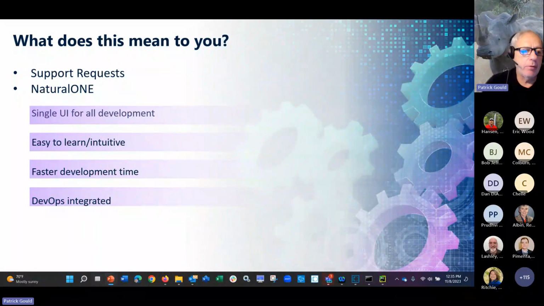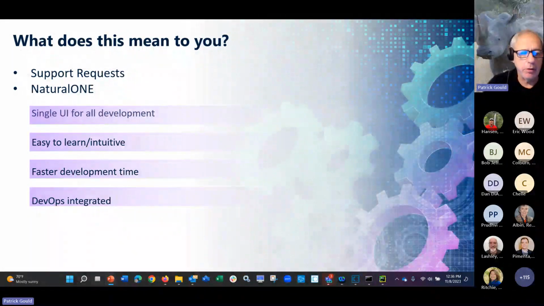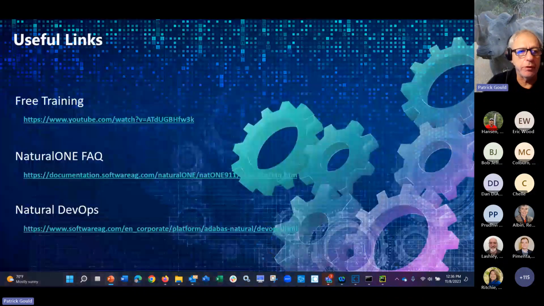I think by the time we've all mastered Eclipse, there's definitely going to be a faster development time because you have so much available to you on a single pane that you can manage your whole Natural environment with that. And as I said earlier, it is DevOps integrated if that is something you as an organization want to move into. So these are my useful links.